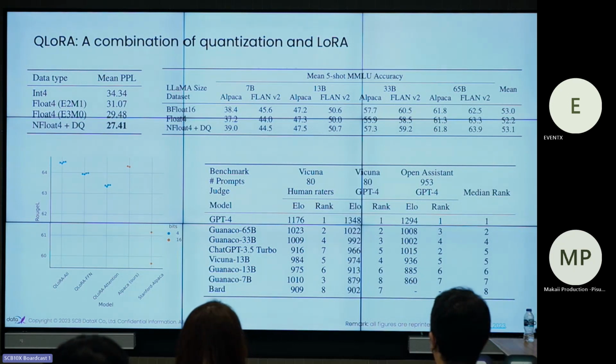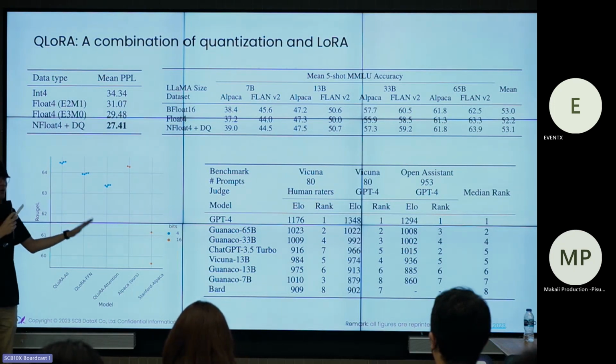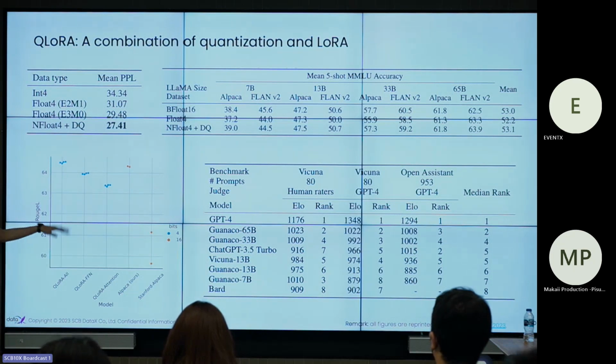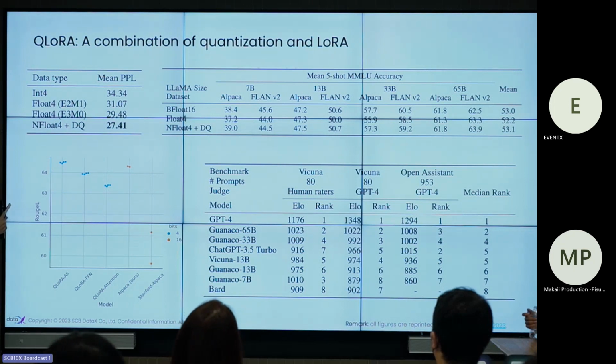Yeah, normal float. You can look at the detail, and don't worry if you are using Hugging Face or something like that, you can import this technique and apply it to your work.